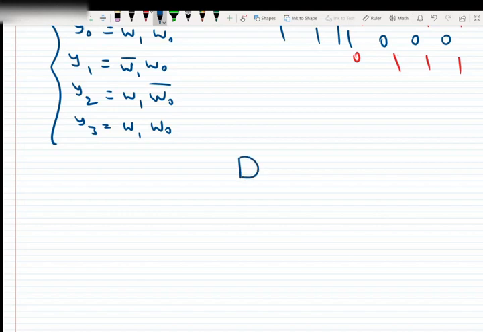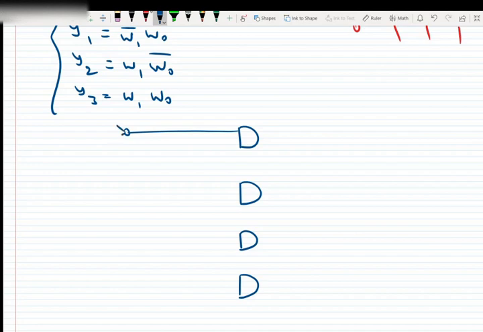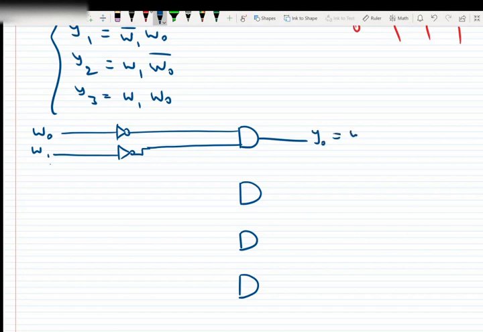We use 4 AND gates. W0, W1. So this one is Y0, which is W0 bar, W1 bar.